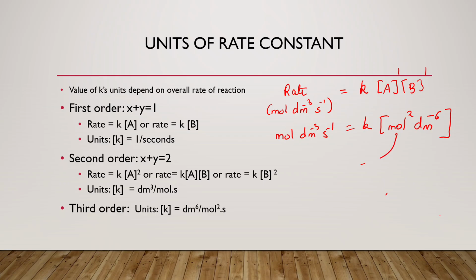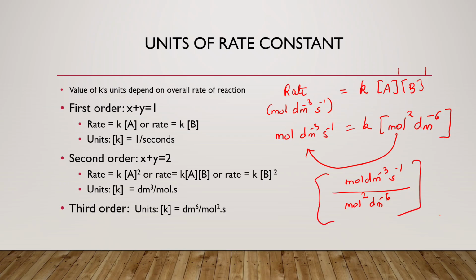So if we now try to arrive at the unit of the rate constant, that would be mol dm^-3 s^-1 over mol^2 dm^-6.